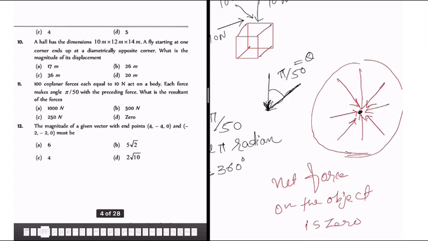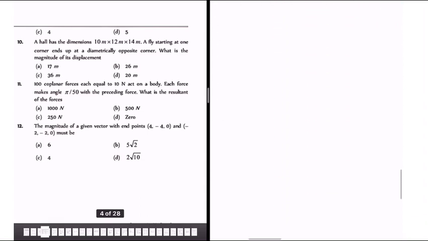Because your object is somewhere here. Understood? So the net force on it is 0 because over 360 degrees the net force is 0.